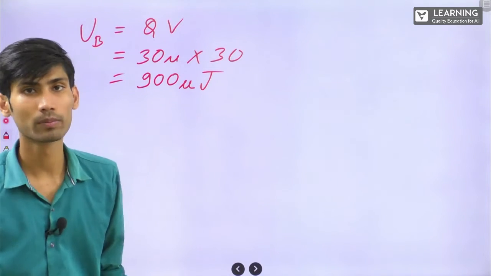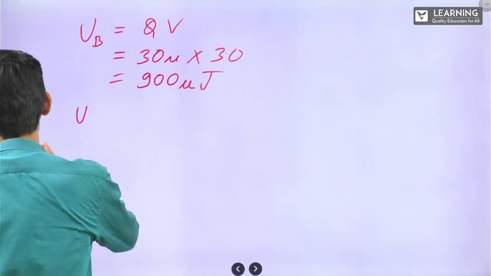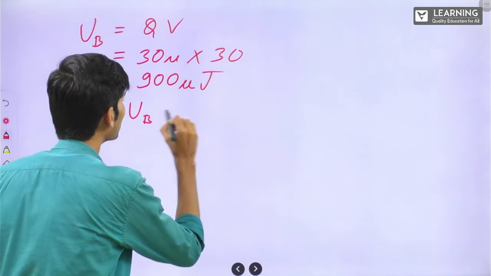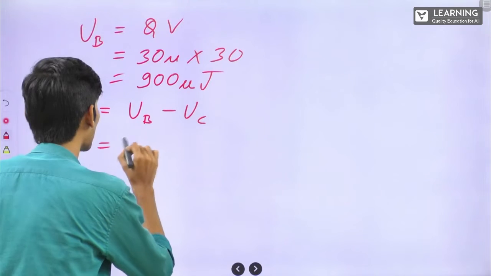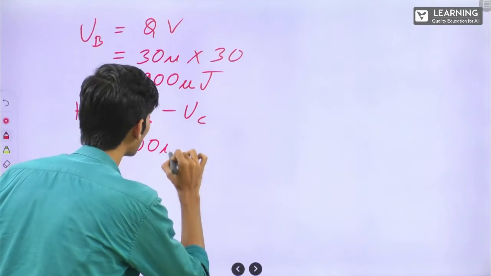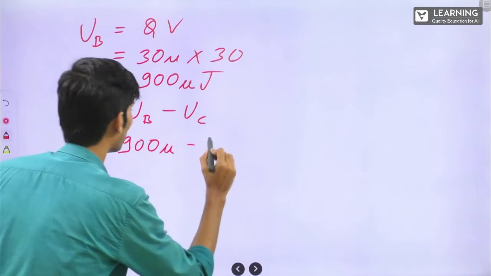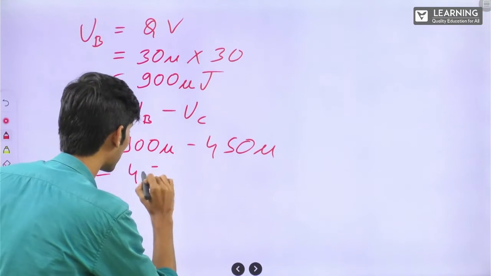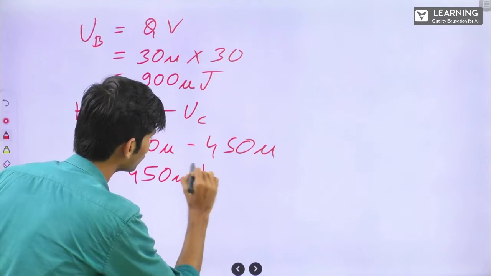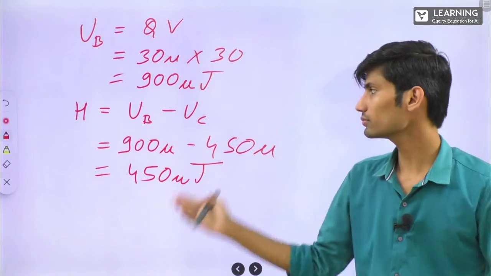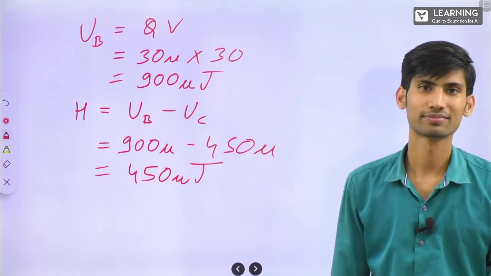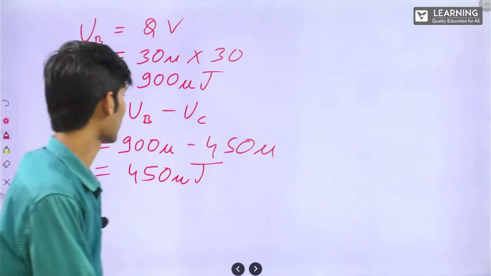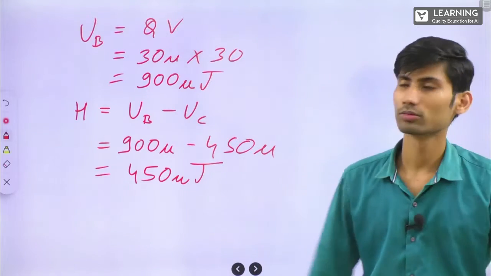So now heat will be energy supplied by battery minus energy stored in the capacitor, that is 900 microjoule minus 450 microjoule, that is 450 microjoule. Correct? Very simple. Note it down.